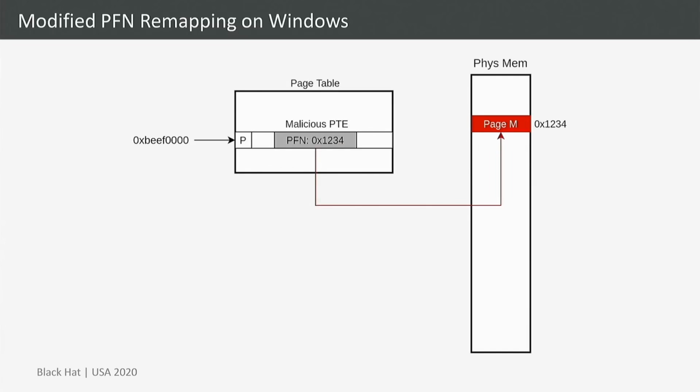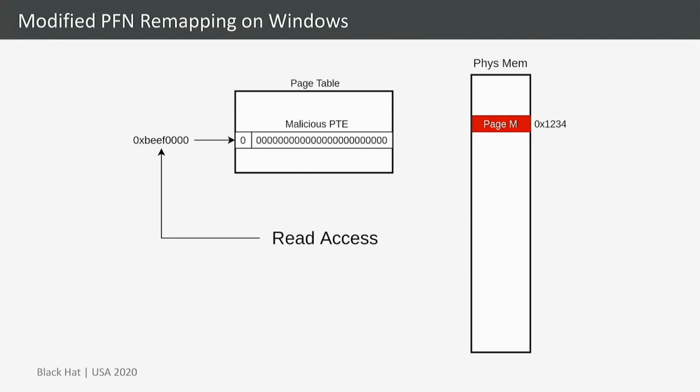In order to prevent the detection, in the first step we erase it, similar to the PTE erasure, but we added some additional steps. After that, we do a read access to this virtual address, which leads to the creation of a new page, because the operating system will think there has not yet been any page created for this virtual address, so it creates one.